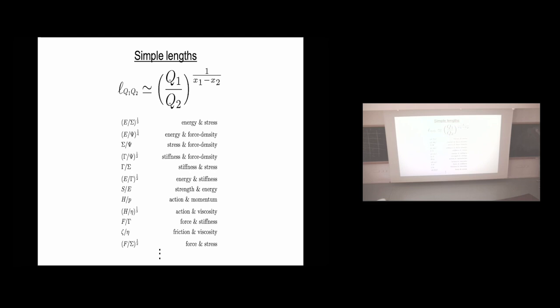So if you have a quantity Q1 and it has dimension M L^x1 T^y1, and then you have a quantity Q2 which has dimension M L^x2 T^y2, in the special case that those two quantities have the same time exponent, which means in terms of the table over there, that they are on the same line, so y1 is equal to y2.